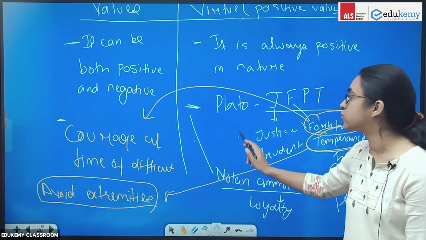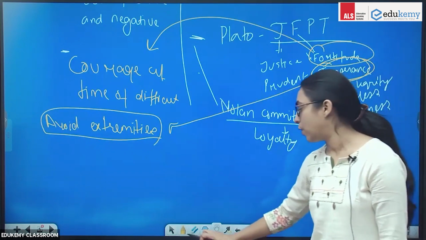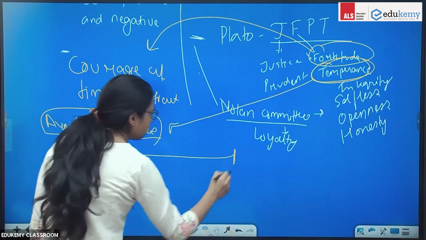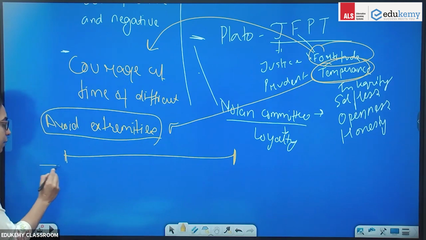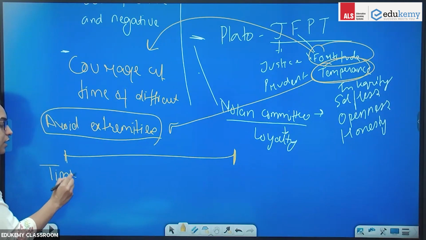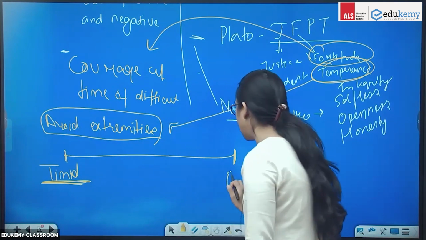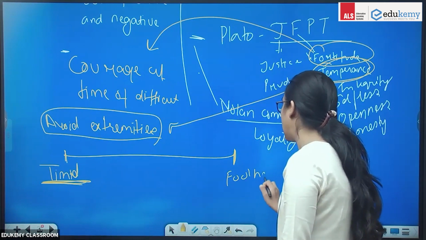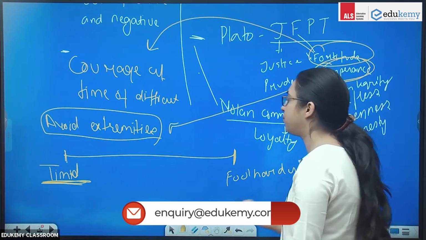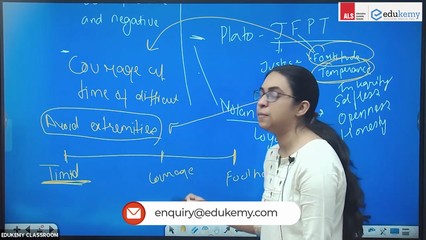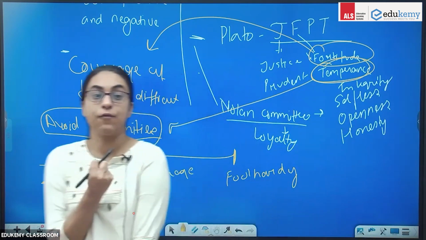You don't follow extremities. For example, one extremity would be timid, a person who is not having strength, who gets afraid very easily.